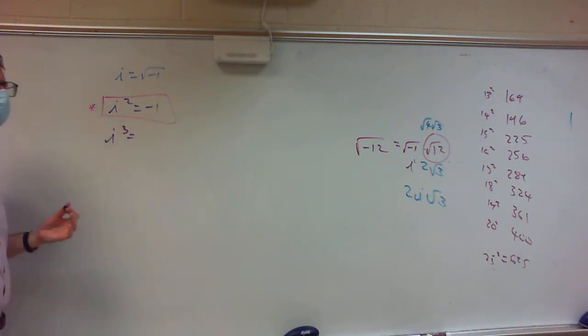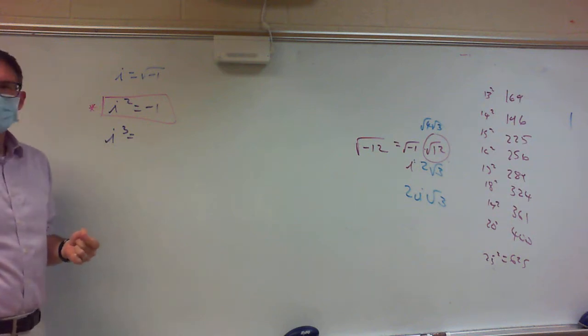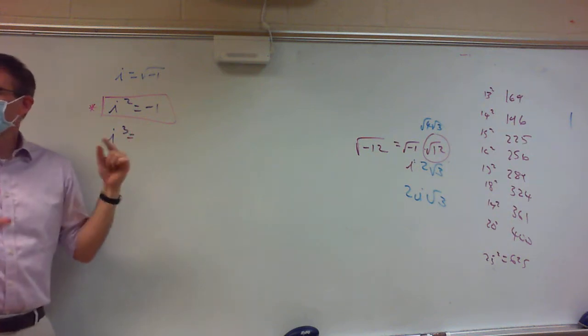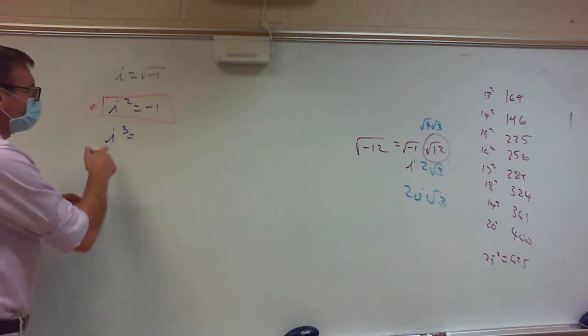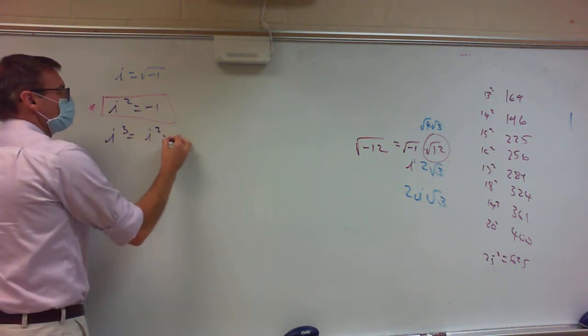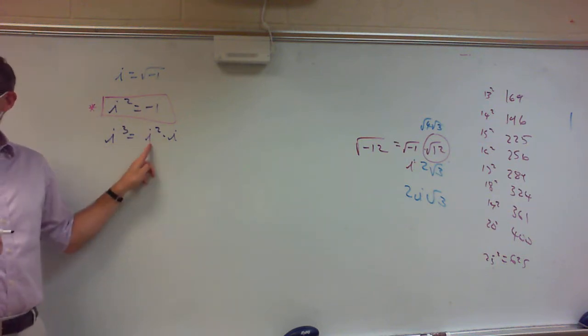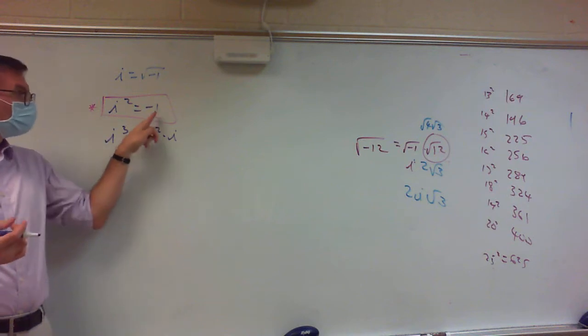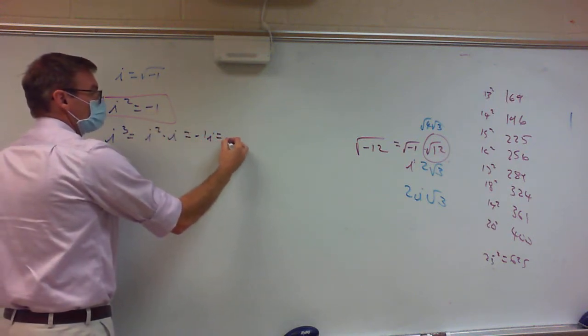So i cubed. Anytime you see i to a bigger power, you break it apart into stuff that you know and then the leftover. For example, i cubed is the exact same thing as i squared times i. And what's i squared? Negative 1. So I get negative 1 times i, which is going to give me negative i.